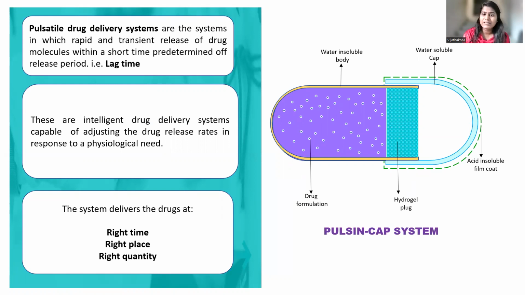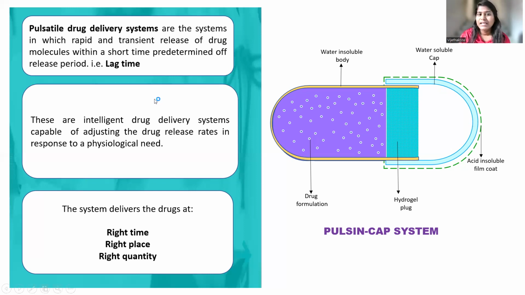We'll design the dosage form in such a manner that for a period of time, which may be based on the different diseases, we'll design the lag time. After this period, the drug will be released out of the dosage form or the drug delivery device.